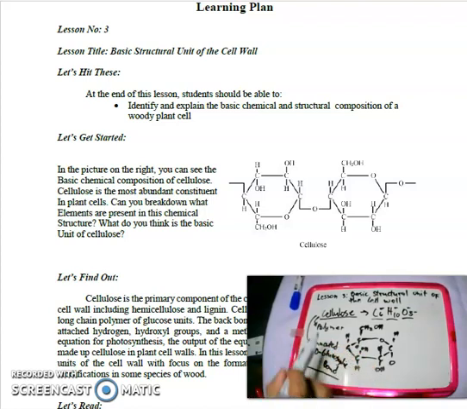Okay, so cellulose is a polymer, which means it's composed of many monomers of sugar, in this case glucose. Now, it's connected with a beta-D-glucosidic bond. So, what it means to be connected with a beta-D-glucosidic bond, let me show this to you.